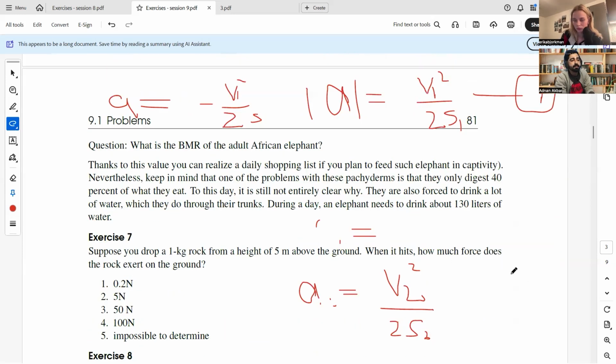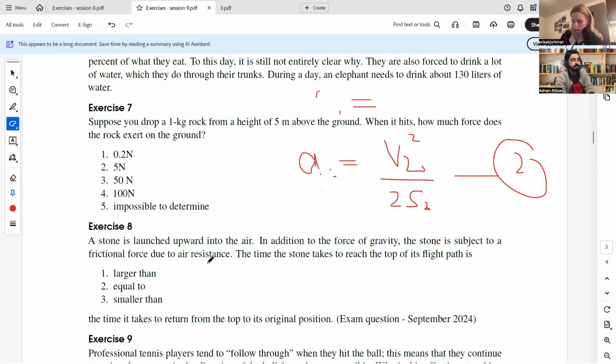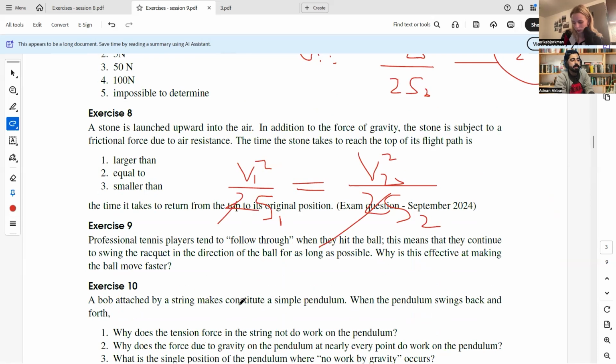So let us compare these two equations. As a result of comparison, our relation will become V1 square by 2S1 is equal to V2 square by 2S2. Here you need to cancel the 2 by the 2 and isolate the ratios.